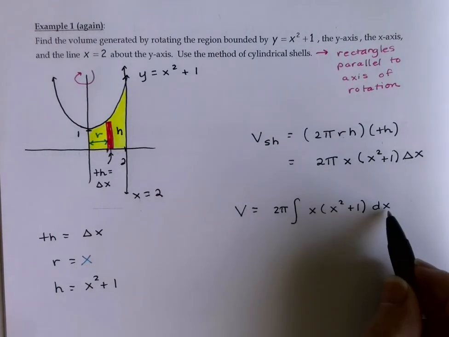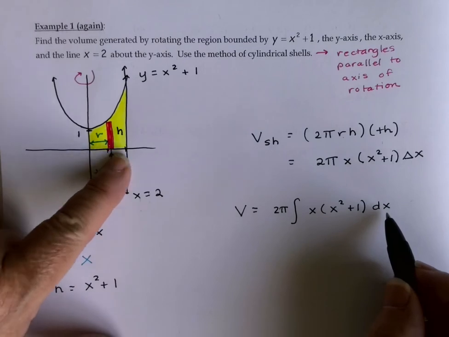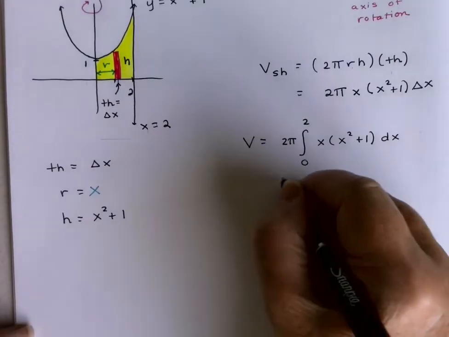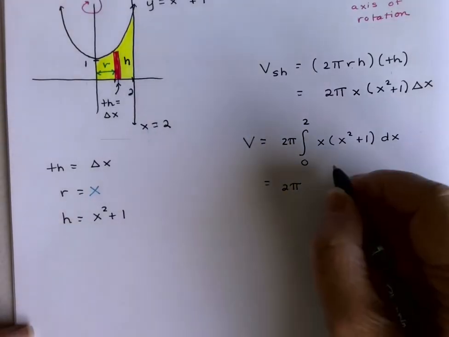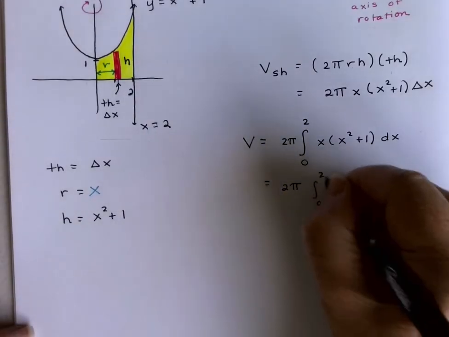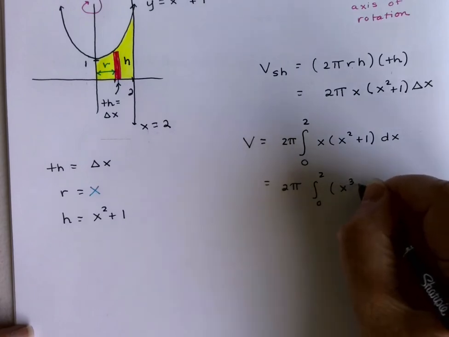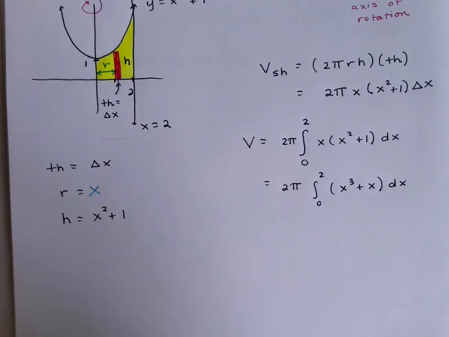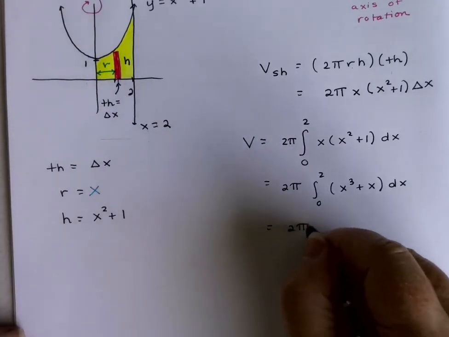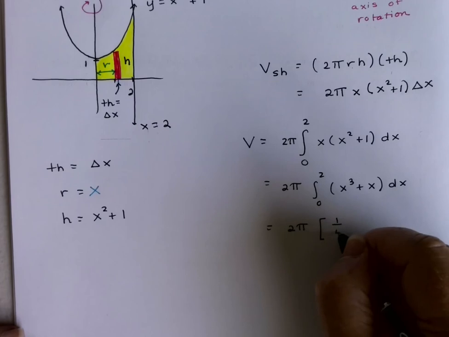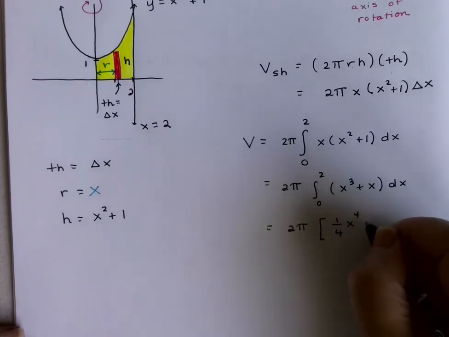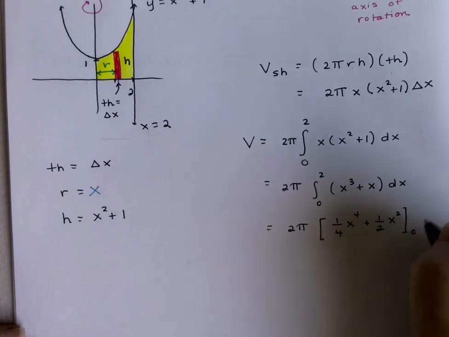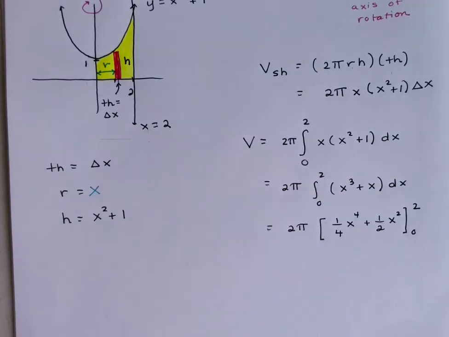And this is an x integral, so my x values would go from 0 to 2. And I'm going to go ahead and integrate this one by hand again. I do have to multiply this out in order to do it by hand. Let's see here, what have I got? That would be a 1/4 x to the 4th plus 1/2 x squared from 0 to 2.